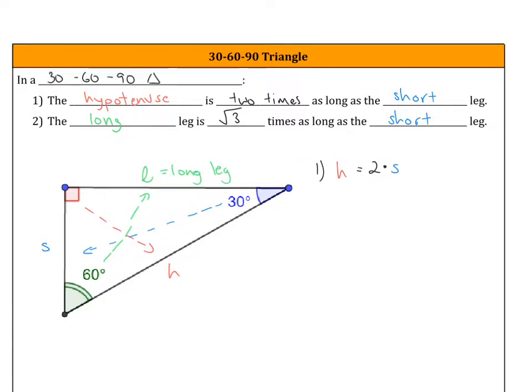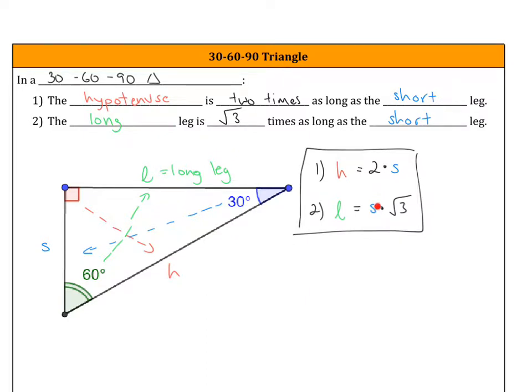Okay. All right, writing that equation, the second equation for our second statement, the long leg L is the square root of 3 times the short leg S. There we go. So these are the two equations that are associated with the 30, 60, 90 triangle.